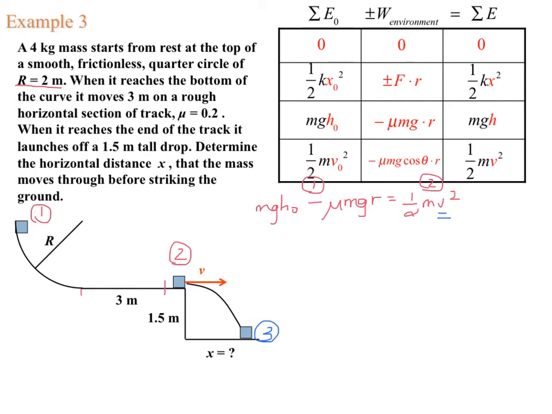So here, we can simply say that 2 times mg h naught minus mu mg r, and actually our m's canceled out here, the square root of that whole number is equal to velocity.